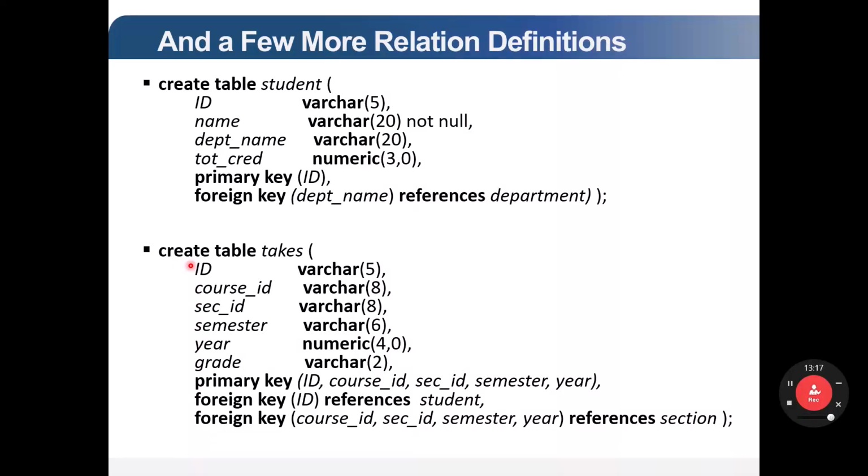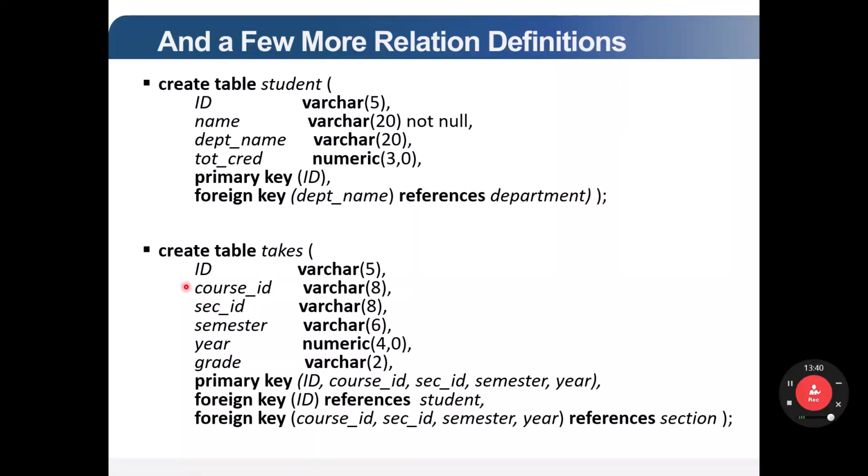And what is the primary key of the current takes table? ID alone cannot uniquely identify a record because one student can take multiple courses. So ID alone is not sufficient. And what if we put course ID? What if we add an additional attribute to the primary key?